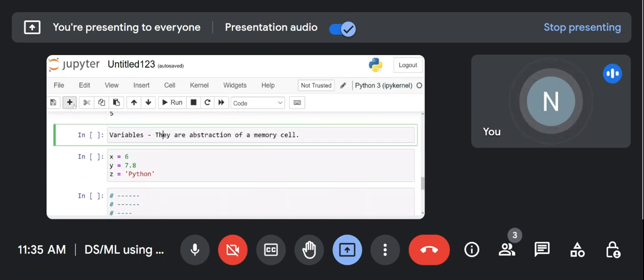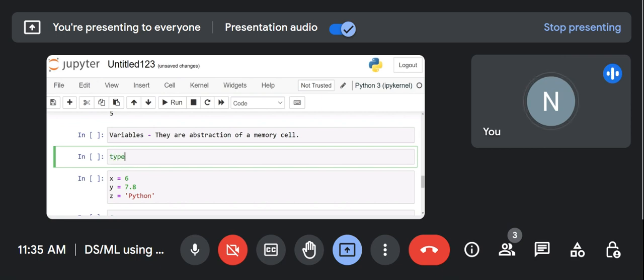See, first you are having a type. Type is actually a set of your integers. Okay, it may have your decimal values, and it may have your characters. It may have your strings, whatsoever.